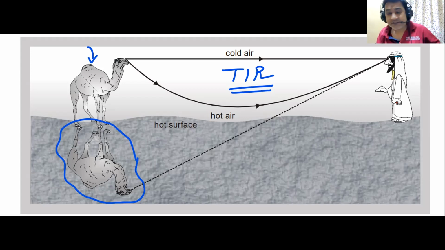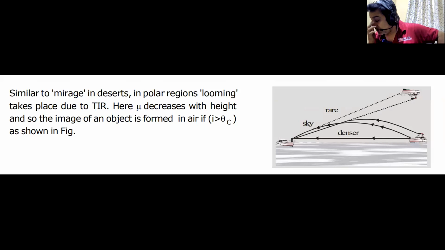This is mirage. A similar concept is looming. This is seen in polar regions. Same phenomenon, same thing happening. This is known as looming. So similar to mirage in desert, in polar regions looming takes place due to total internal reflection. Here, mu decreases with height, and so the image of the object is formed in air.